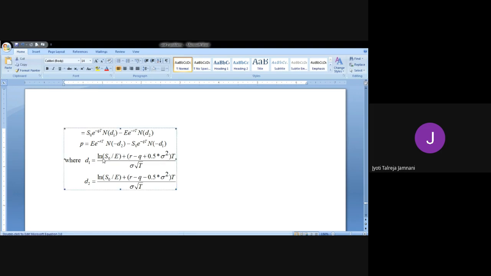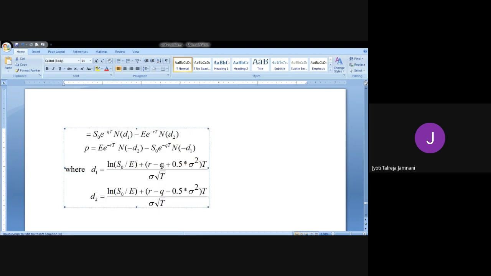When you do ln S naught divided by E plus R minus Q, there's something called Q that has come up here. This Q is nothing but the dividend.